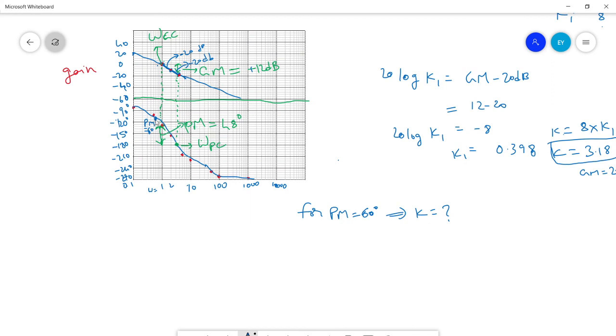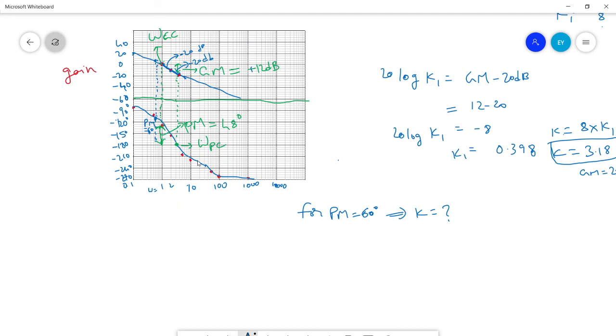So what we need to do is draw a perpendicular from here. What we get is the gain crossover frequency. This is just a shift from the value which we got.